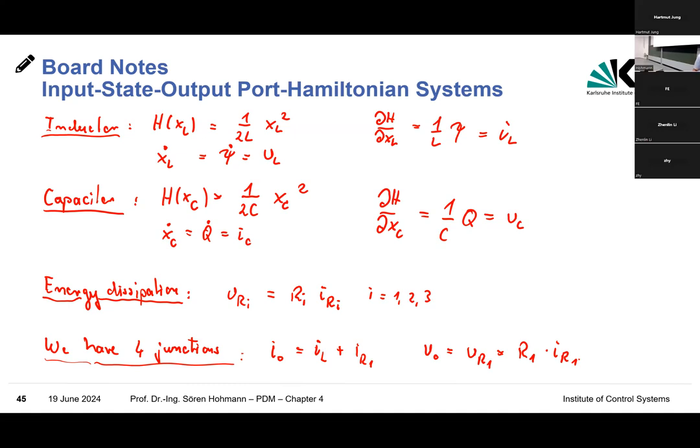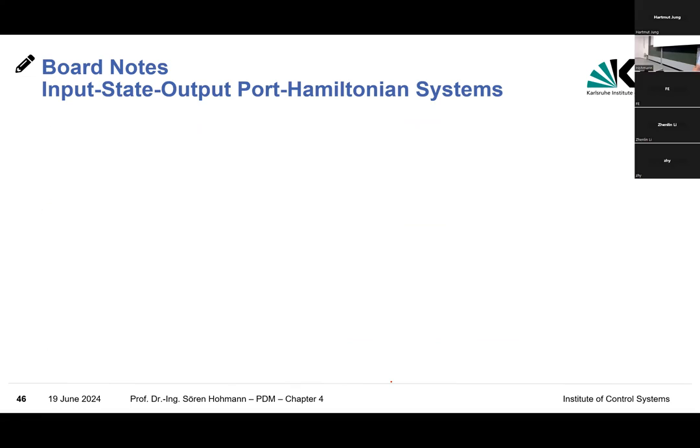So we get on the slide i_0 is equal to i_L plus 1 over R1 times u_0. This is the first. Next, we can write down the output equation. Let's start with that, which you might find now.